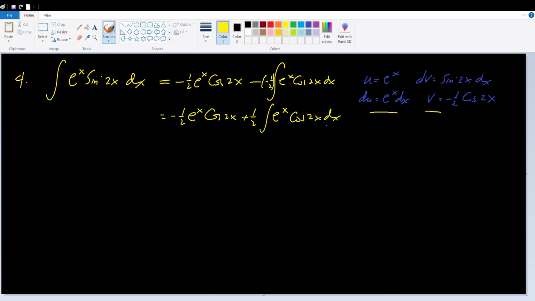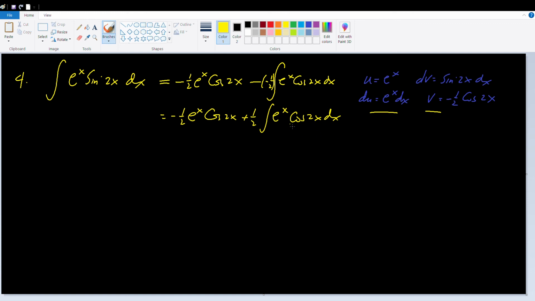So we have the integral e to the x cosine 2x dx, which is quite similar to the original integral e to the x sine 2x dx. No? Sine 2x in the original integrand becomes cosine 2x in the resulting integral.